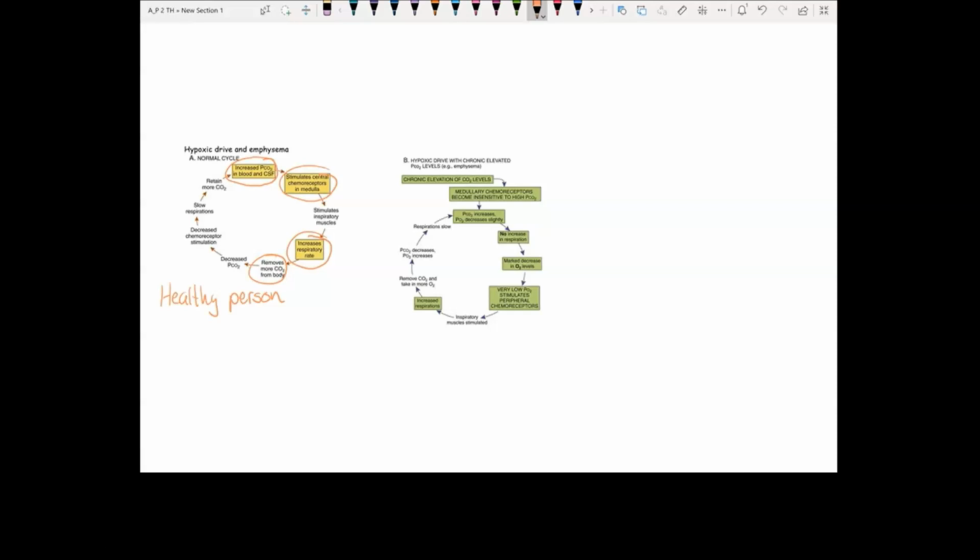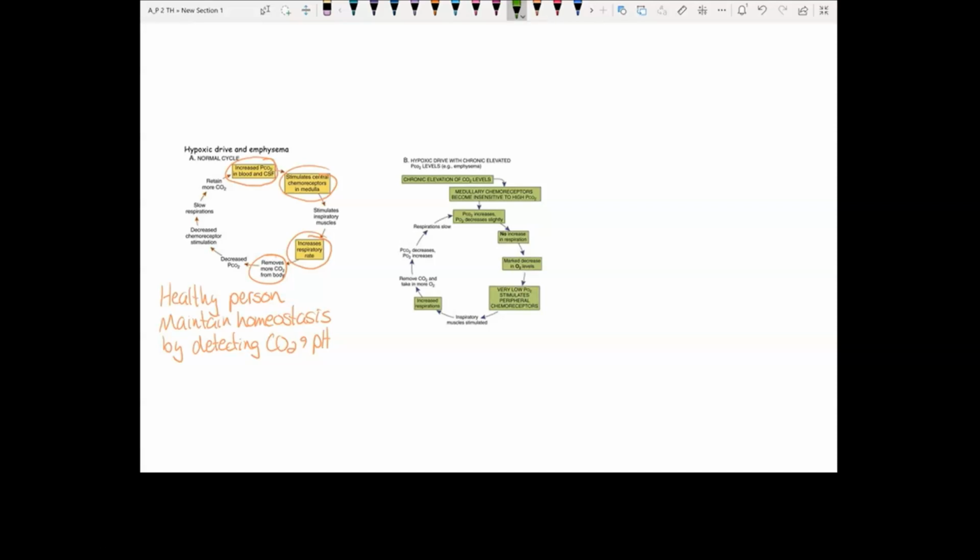So you're going to maintain homeostasis, because you're detecting that carbon dioxide, you're breathing more to remove it, and then you're back to normal. And although this picture doesn't show it, you're also detecting pH. That's very important. So just by monitoring your pH and your carbon dioxide, you can keep everything at homeostasis.